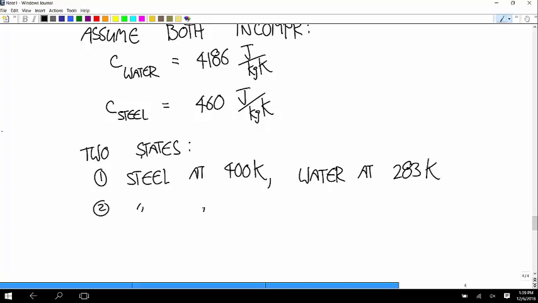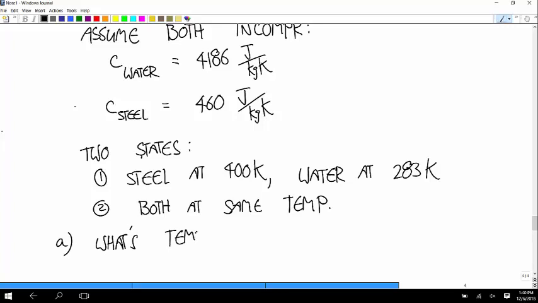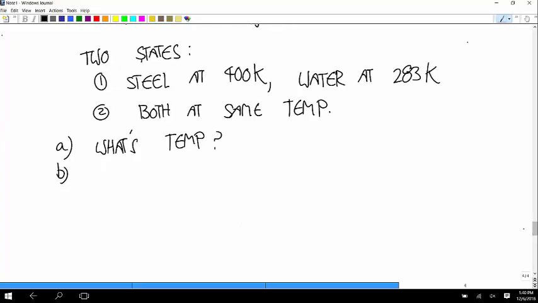And the second one is the steel at, well, same temperature. So first, what's that temperature when they're the same? And second, which of these two states happens first and which happens last?